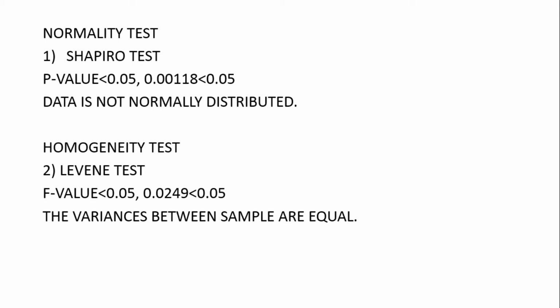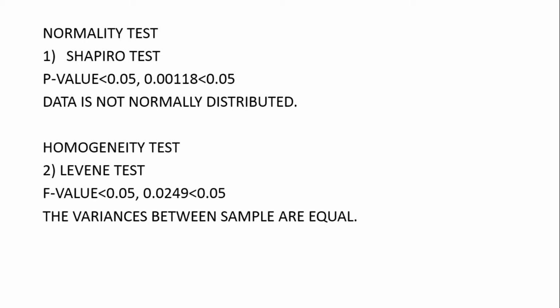For the normality test, I have done the Shapiro test, and it shows that the p-value is 0.00118, which is smaller than 0.05, so the data is not normally distributed.